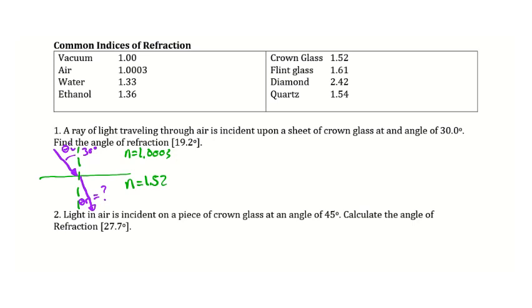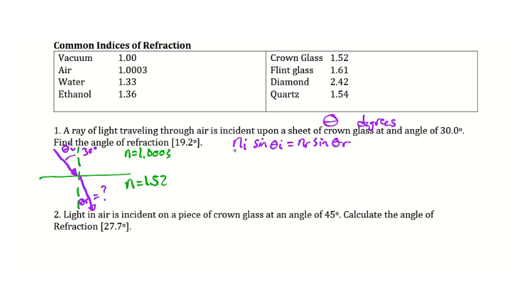So to do that, we're going to write Snell's law, which is n_i sine theta_i equals n_r sine theta_r. You do want to make sure your calculator is in degrees. You will not get the right answer if you are not in degrees for this.